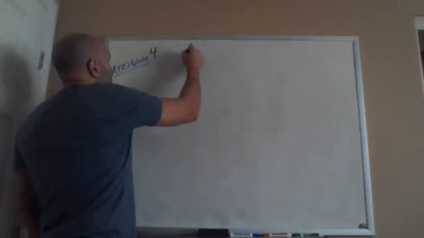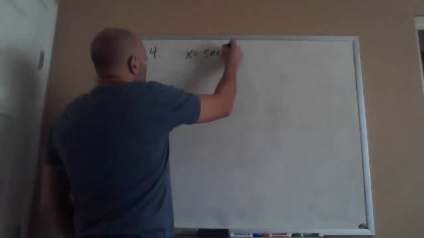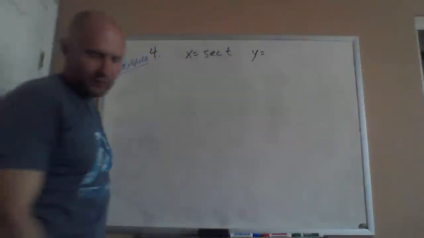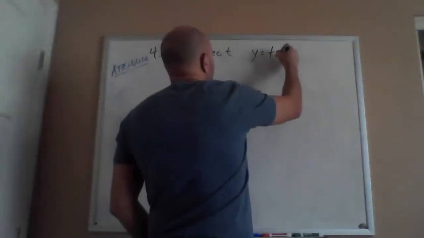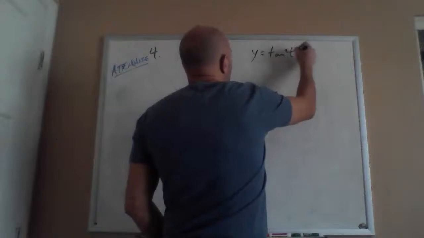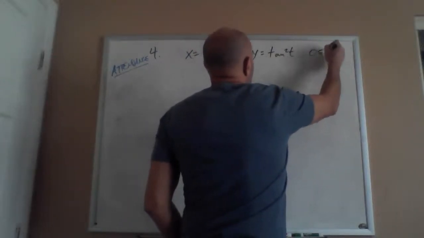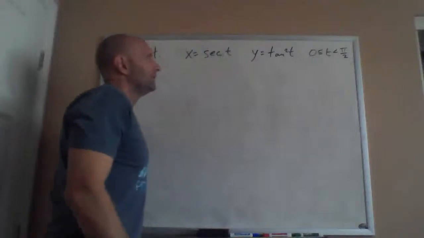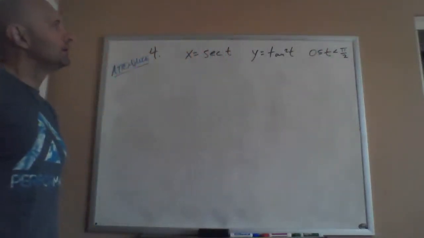So we have x is equal to secant of t, and y is equal to tangent squared of t. But in this case, t is restricted between 0 and pi over 2.